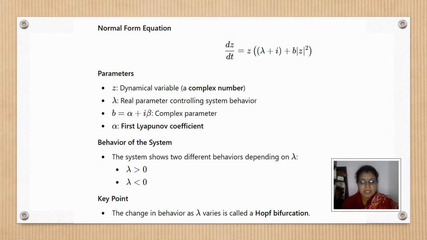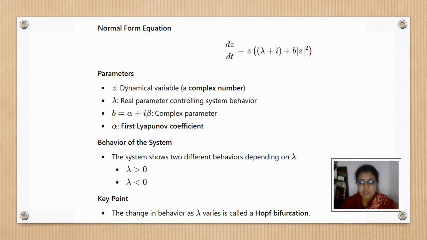The normal prototypical example for this equation is going to be a two-dimensional form: dz by dt is equal to z into lambda plus i b of mod z square. Here lambda is a real parameter, b is a complex parameter like alpha plus i beta, where alpha is the Lyapunov coefficient.